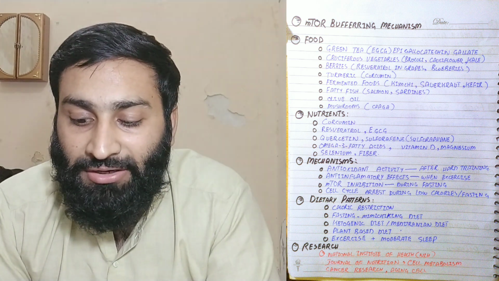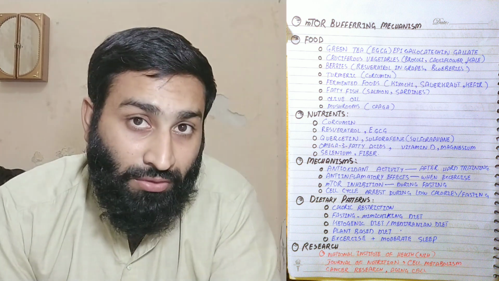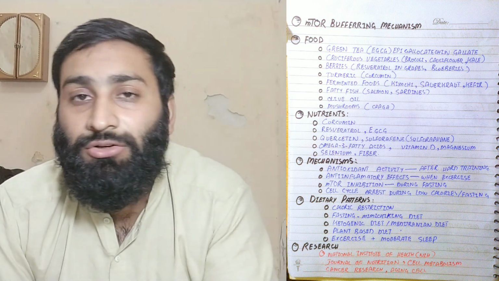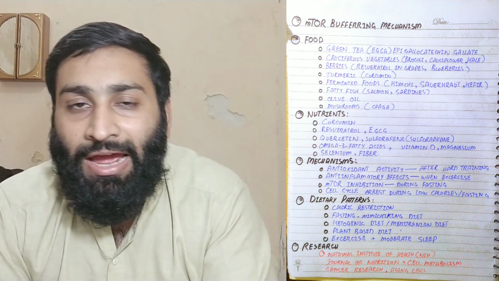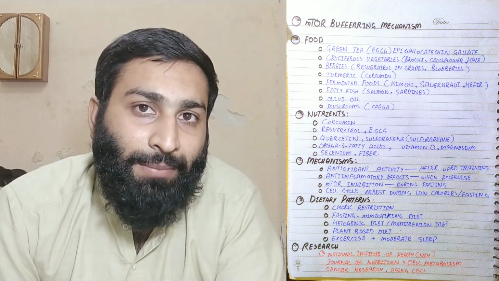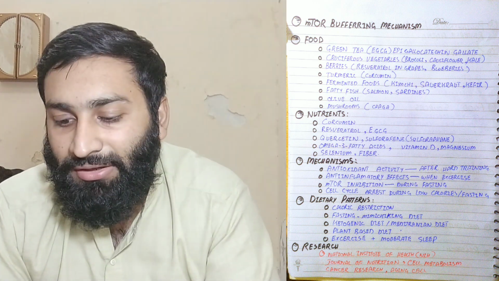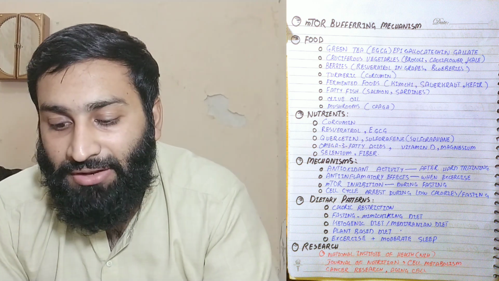Then there is the anti-inflammatory effect: after exercise you get inflammation due to oxidative stress, and that causes a lot of destruction of your cells and DNA damage. A lot of this damage is cleared due to the anti-inflammatory effect of exercise.